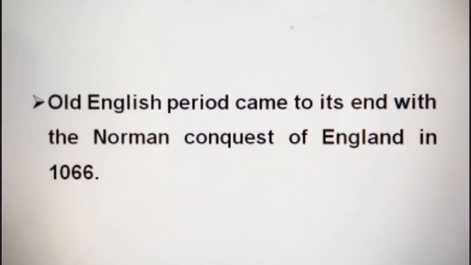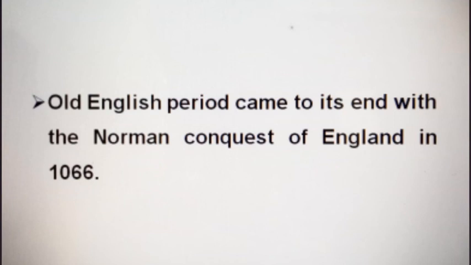The Old English period came to its end with the Norman conquest of England in 1066. With the rise of the Normans from France, the Old English period is said to have ended.